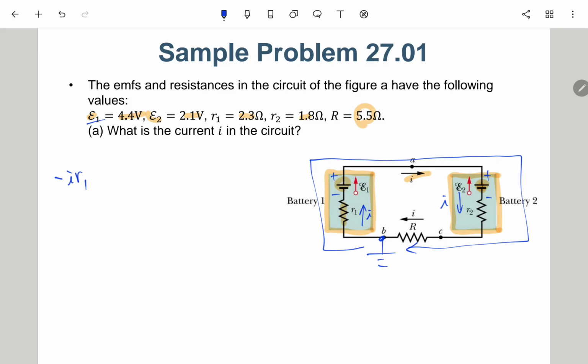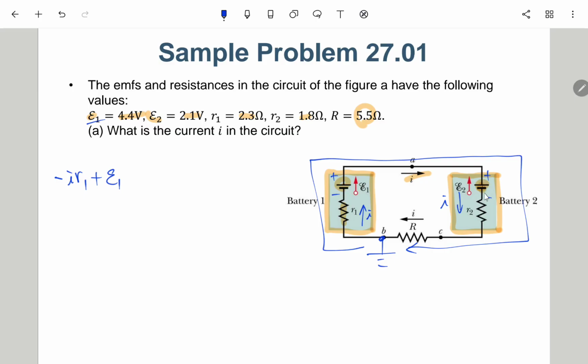Then for the second one, going from this node to this node, this is plus, this is minus, so this one has the higher potential. In that case we should have plus E1. Then we go to here: this is plus, this is minus, so this is higher, this is lower.